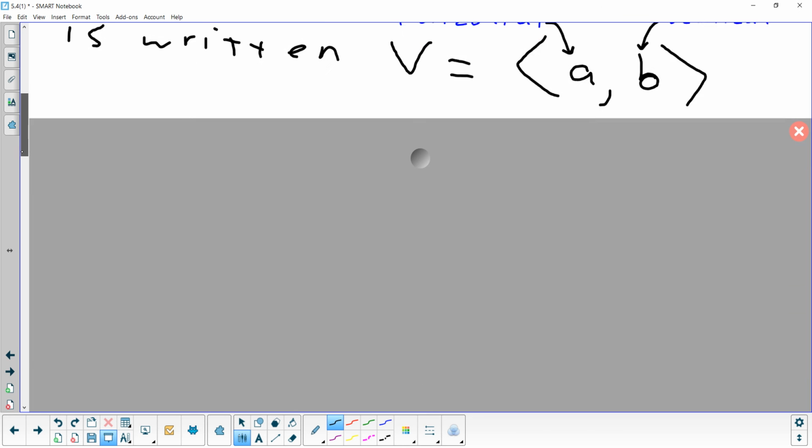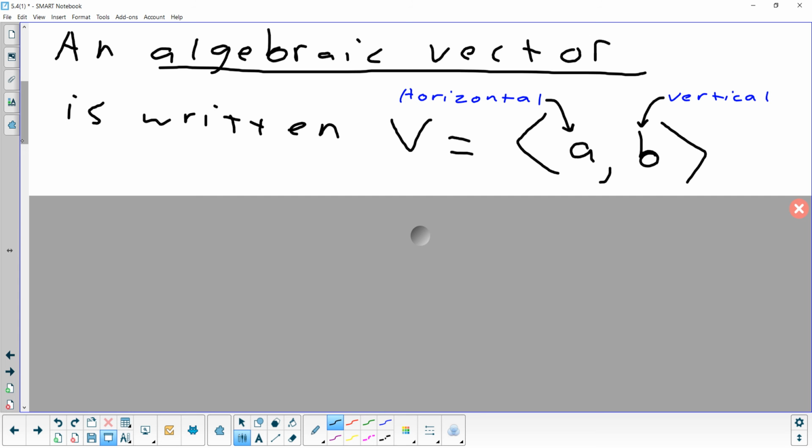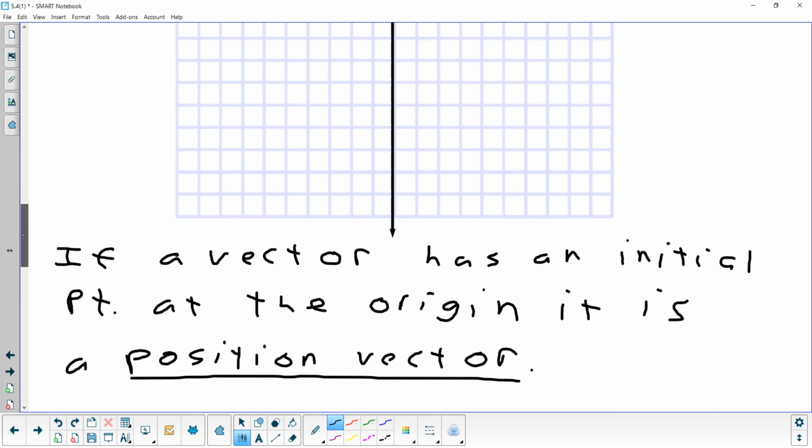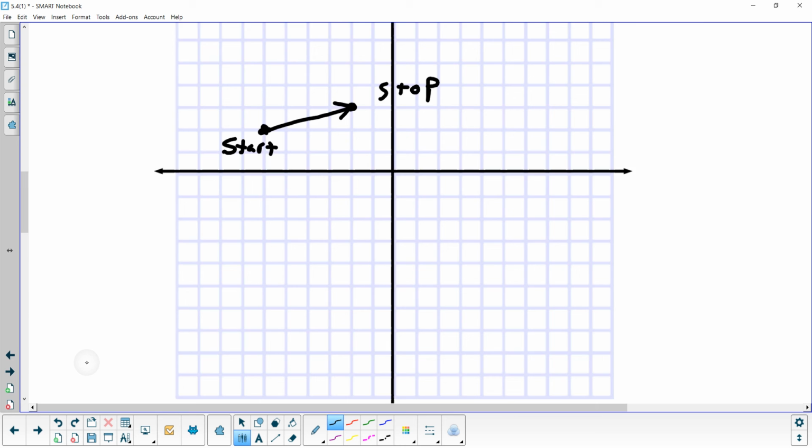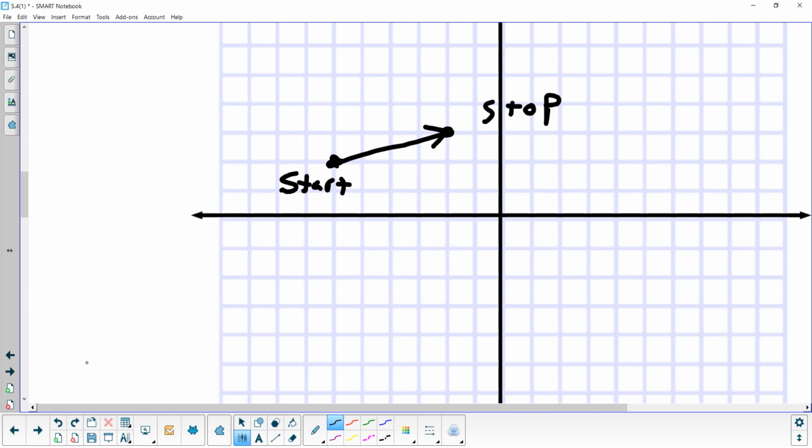Let me go back to my grid for a second, and then I'll come right back to that. That vector has what we call two components to it. Basically, it's the direction. If you start here, and you stop here, how many units did you have to travel, let's say, to the right, to get from the start to the stop?